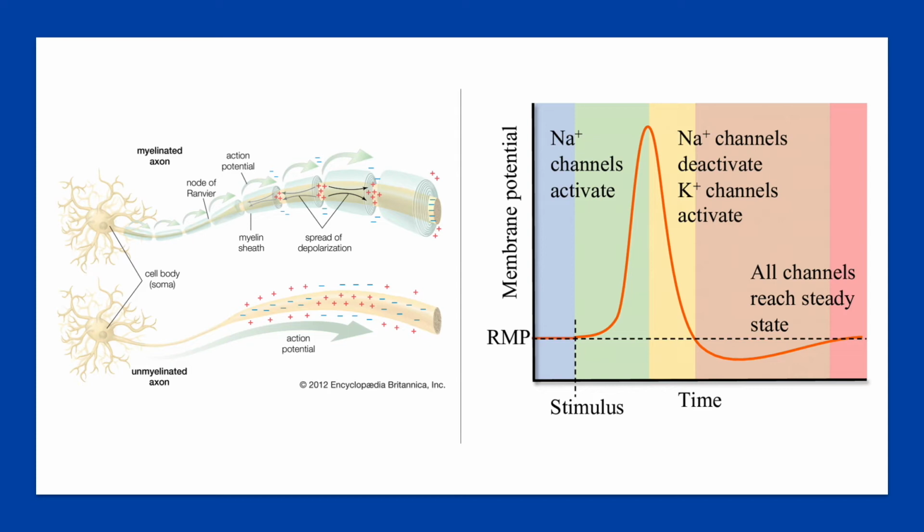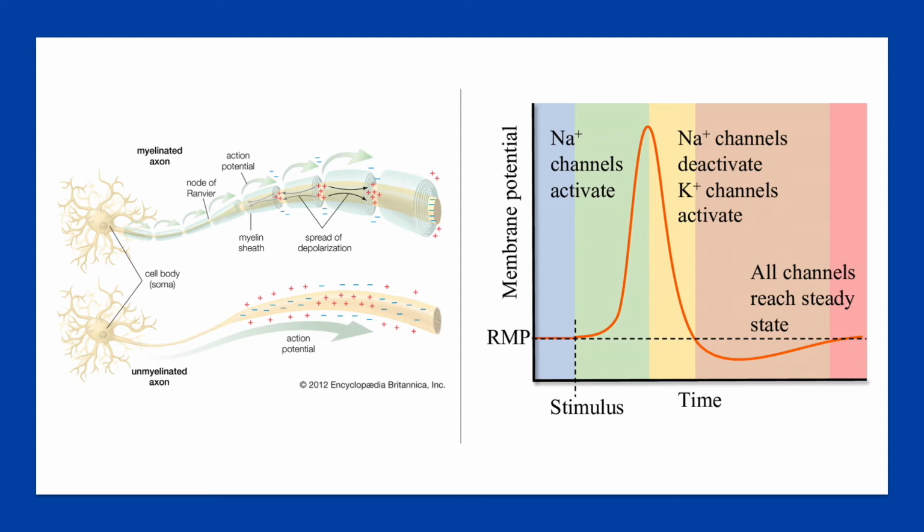This travels along the neuron with the same process of depolarization, repolarization, and hyperpolarization, and then restoring the electric potential, happening in short segments along the entire neuron. This effectively allows for very fast travel of electrical signals along these neurons.